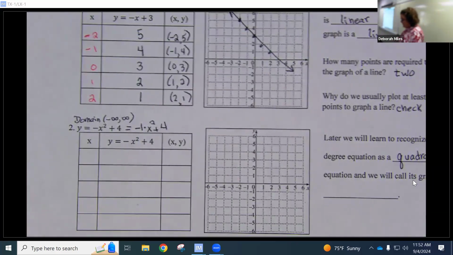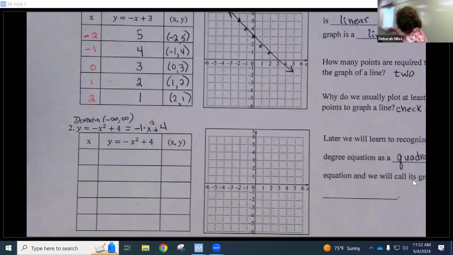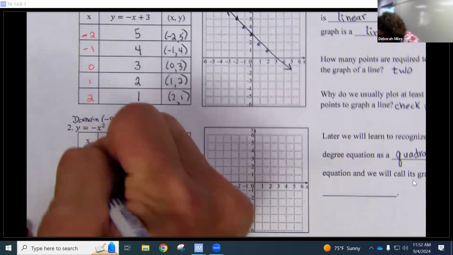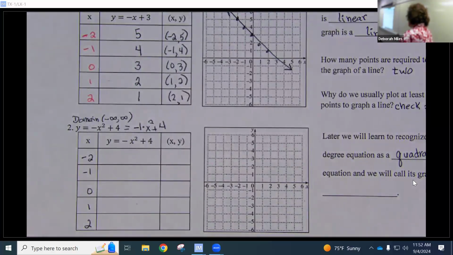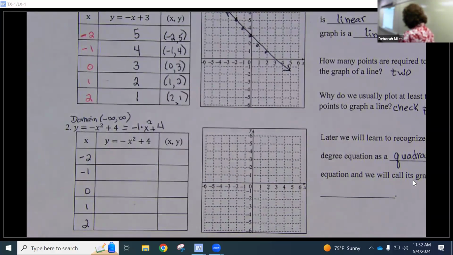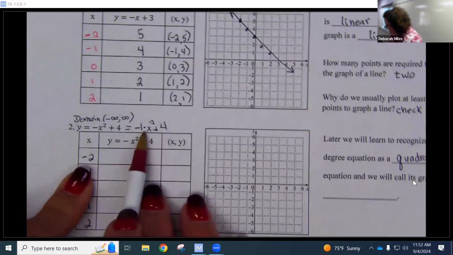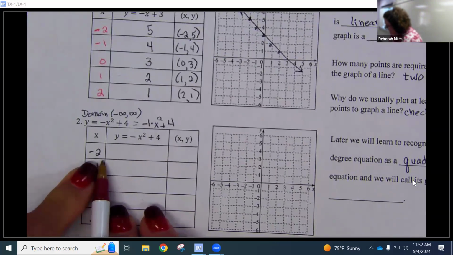So I'm going to be boring again. Use the same x's. Some positive, some negatives, 0. But all of us could choose different x's, and we would still have the same graph. All right, I'm going to substitute each of those x's into the equation. -2 squared is 4.